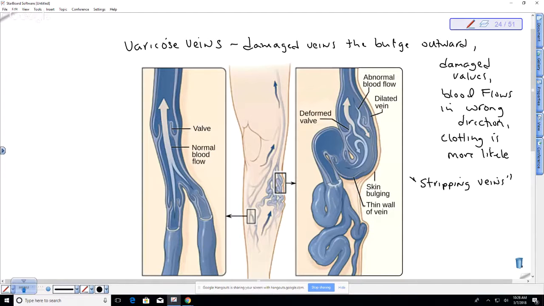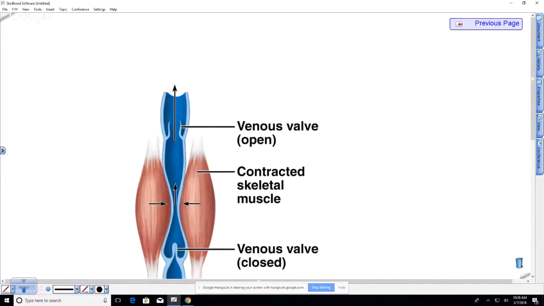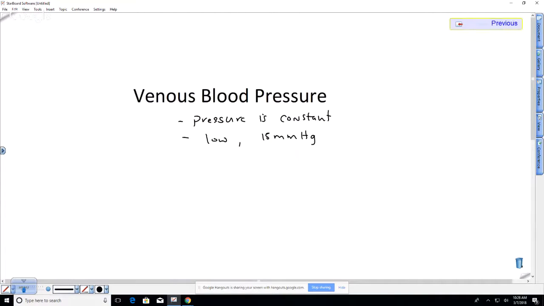Okay, so the movement of blood is due to a couple of things in the veins. One is what is referred to as the muscular pump.